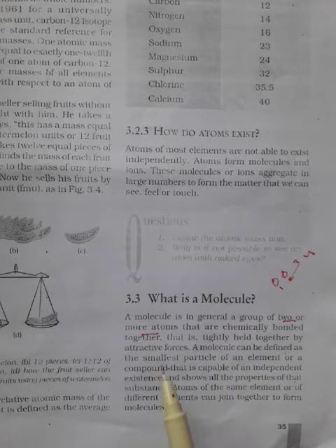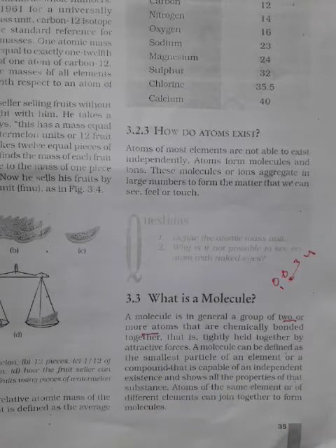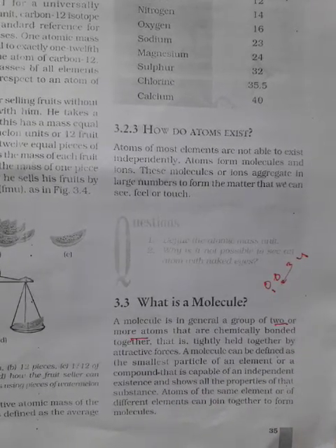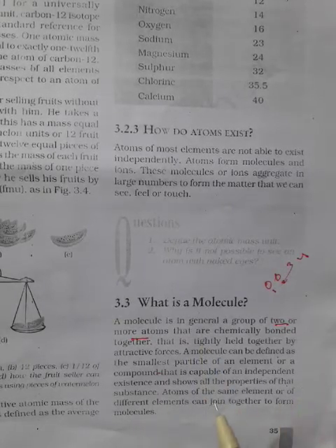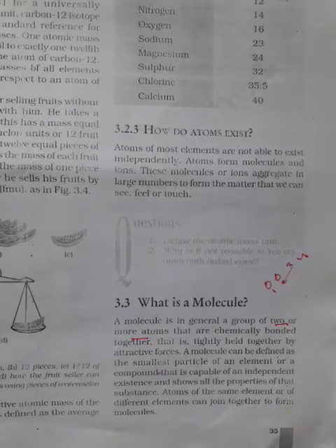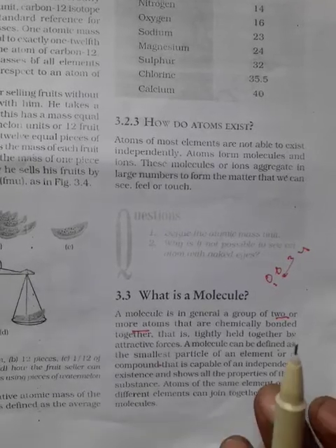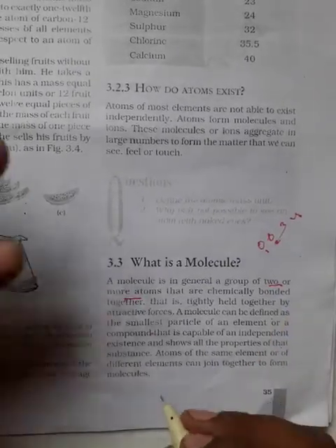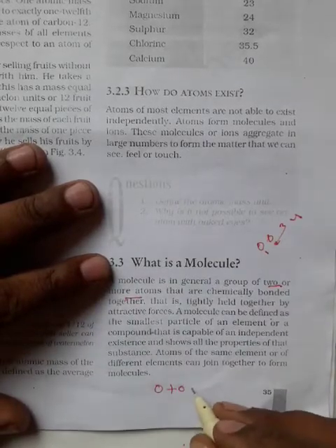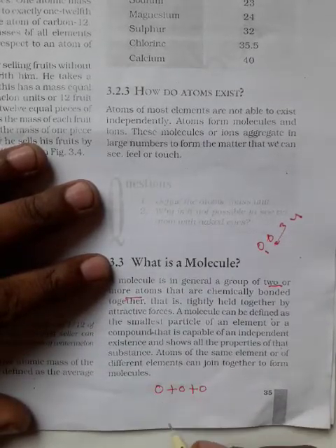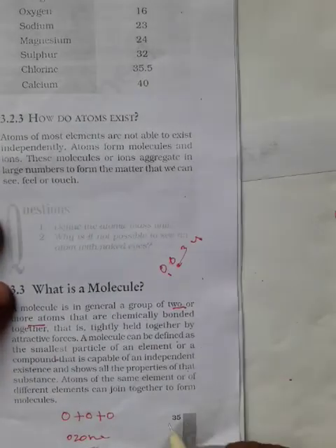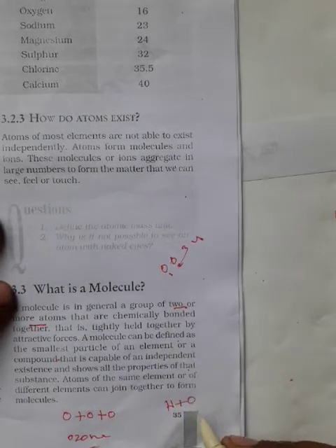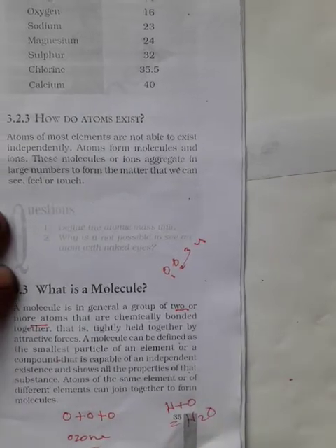Molecules can be defined as the smallest particles of an element or compound that is capable of an independent existence, with all properties of that substance. Atoms of the same element or of different elements can join together to form molecules. That means atoms of the same element, as for example, oxygen plus oxygen plus oxygen, when they combine form ozone, O3. In the same way, water, hydrogen plus oxygen, H2O, water.